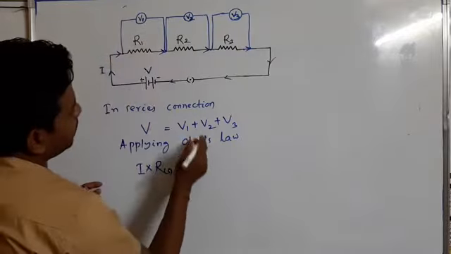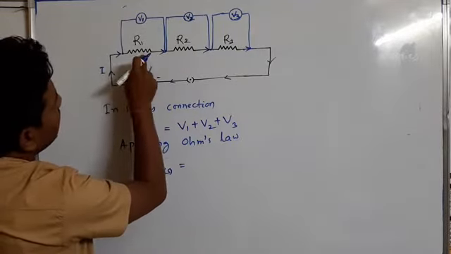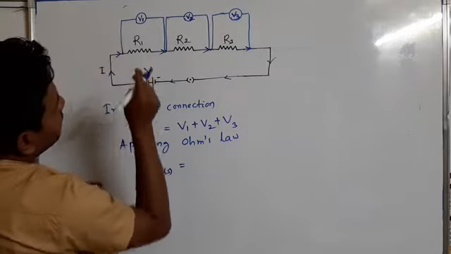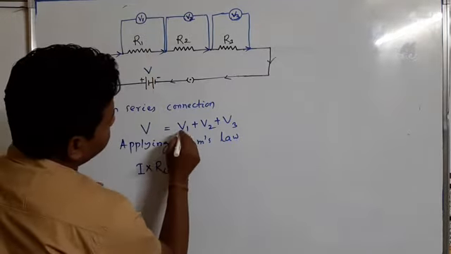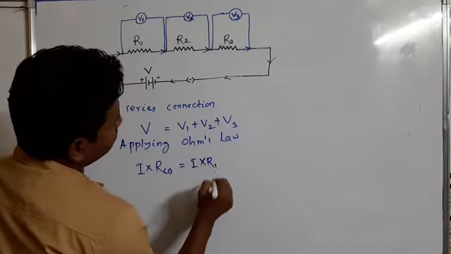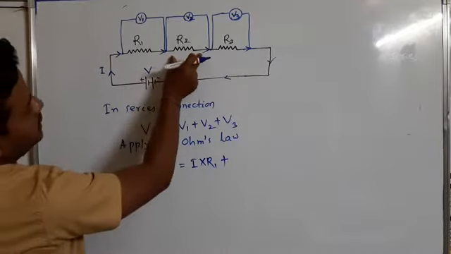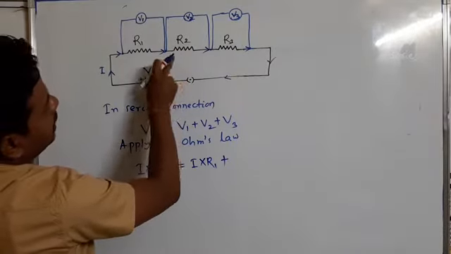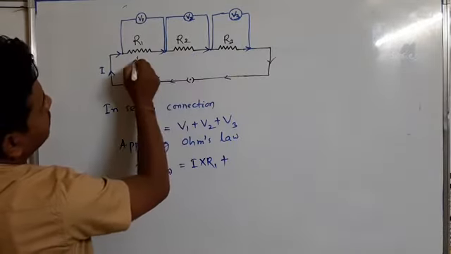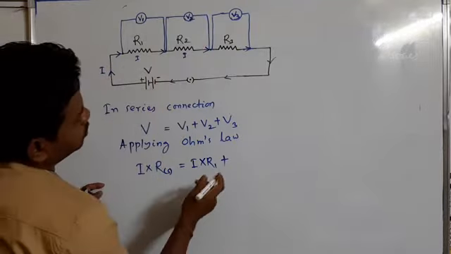Similarly we will find out V1. V1 will be the current flowing through it, I, and resistance R1. So in place of V1 I can write I into R1, plus, for the second resistance R2, I current is flowing through it and voltage is V2.